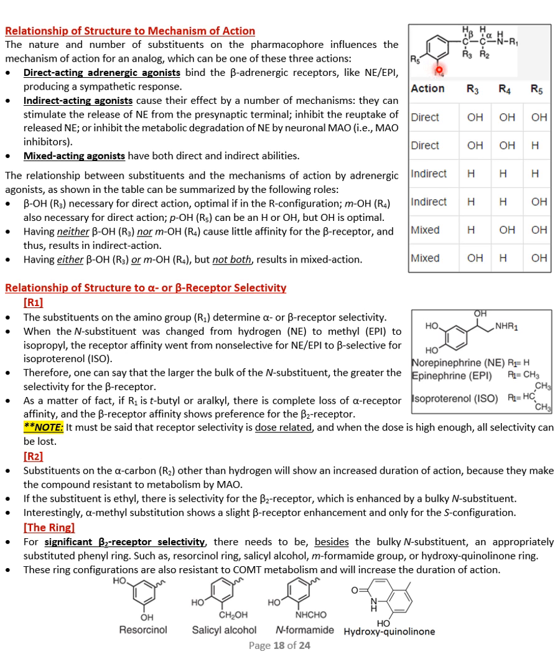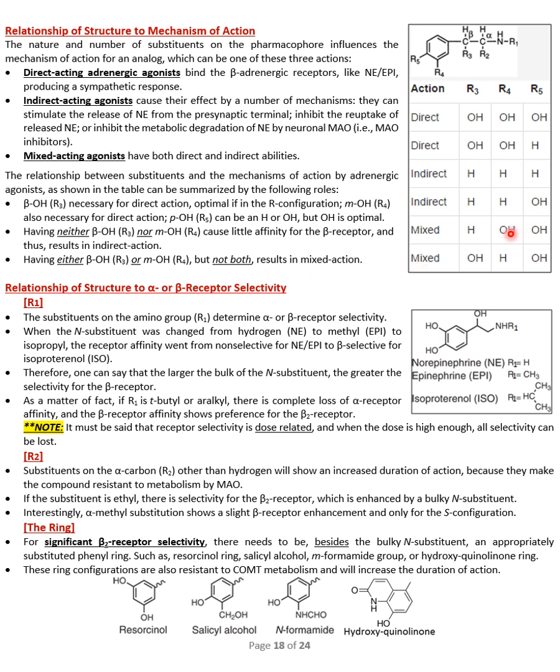So the meta position is the one that we're concerned about, or is the most important, in addition to the R3 here on the C beta. So for R3 and R4, if none of them have an OH group, regardless of R5, then we'll have an indirect effect. Now, if we have one of them, either the R3 or R4, but not both, we'll have a mixed action.